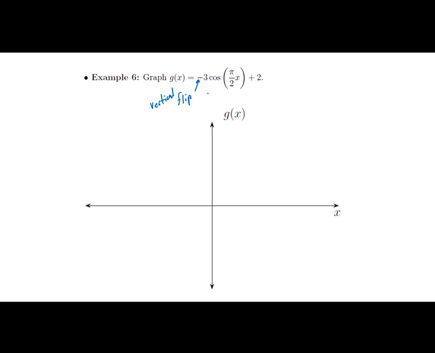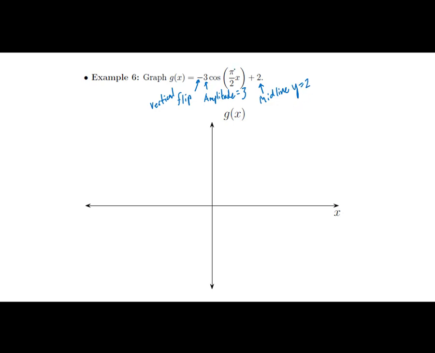This 3 tells me that my amplitude is equal to 3. And remember, when I add 2 outside of the argument of my function, this is my midline. So the midline, or the equilibrium, is y equals 2.